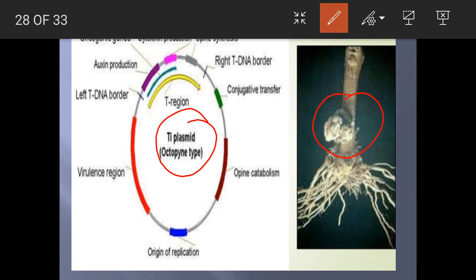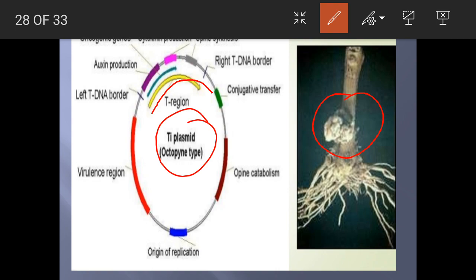The first region, starting from the left border to the right border, is called the tDNA region. The speciality of the tDNA region of the Ti plasmid is that it contains important genes for the induction of the tumor in plants. As I said, Agrobacterium is a pathogen which causes tumors in plants.